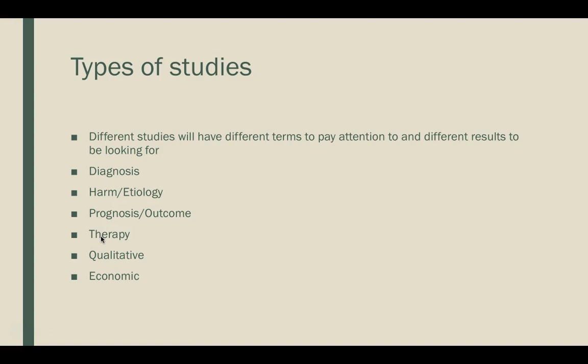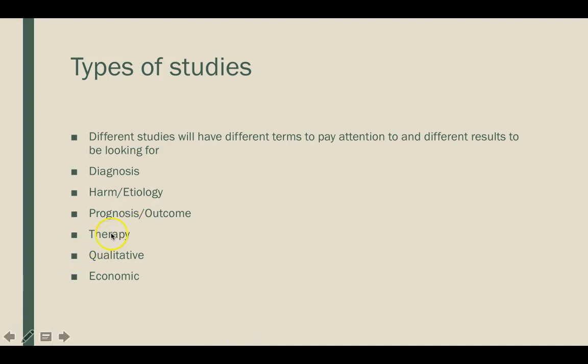Or ACL preventative exercises. How many patients need to ideally be, based on research, exposed to those exercises for us to save one ACL tear? That's what numbers needed to treat would mean.